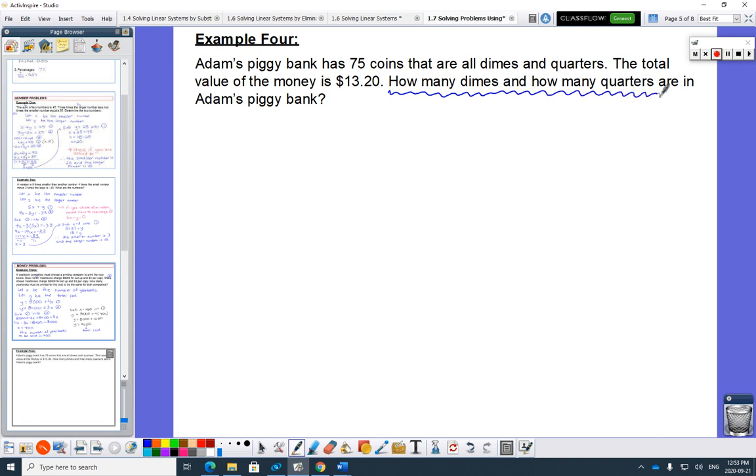Okay, we are asked to find the number of dimes and the number of quarters. So we're going to make X the number of dimes. I'm going to do that one first. And then I'm going to say Y is the number of quarters.